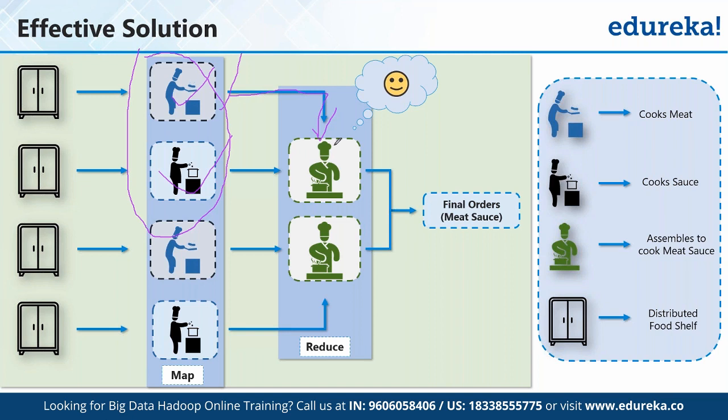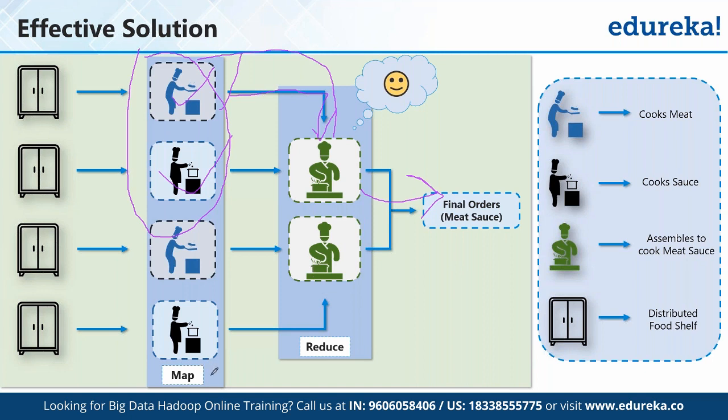Meat sauce: cook the meat and then cook the sauce and then mix them up. All of what is prepared from here comes to this layer. Here it gets mixed up and then you deliver your final order. We are actually doing it distributedly. Parallelly things are happening, and then finally you are getting them together in the second reduce layer.